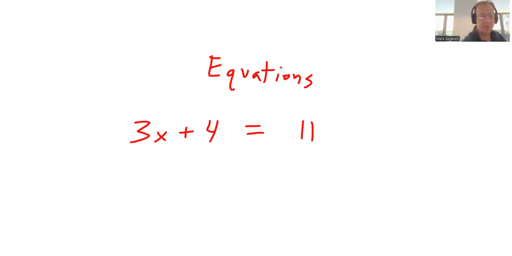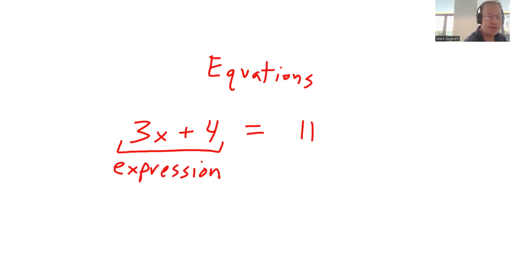But I want to give you the word expression to define what goes on one side of an equal sign. An expression goes on one side of an equal sign, and on the other side here is also an expression.